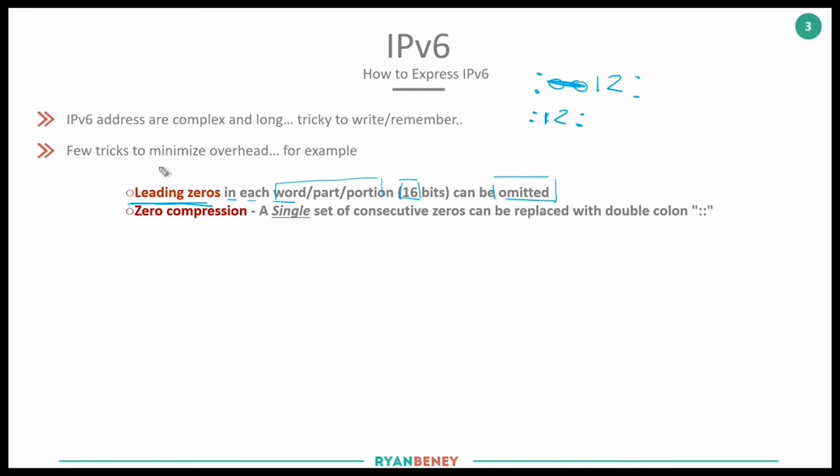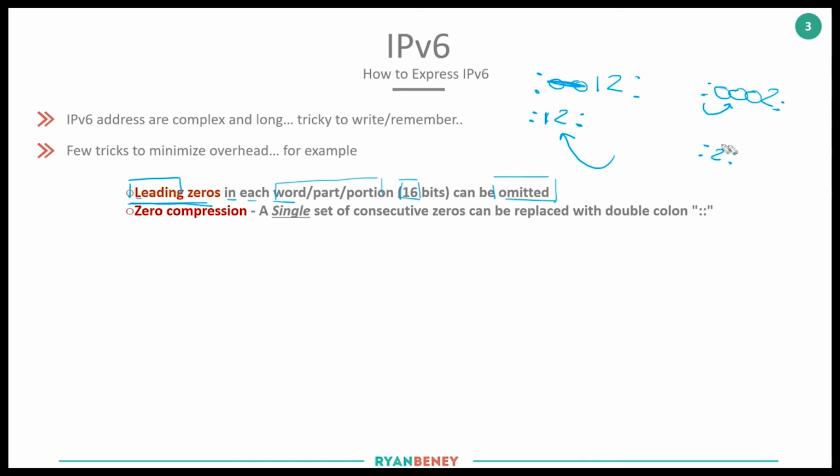Now, because we're only allowed to remove leading zeros, the actual underlying application is able to look at this and assume that because we know that there are 4 characters between each colon, that there must be 2 leading zeros missing. So for example, if we had 0, 0, 0, 2 between colons, then we can remove the zeros and leave a single 2.